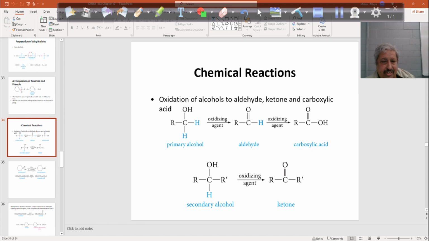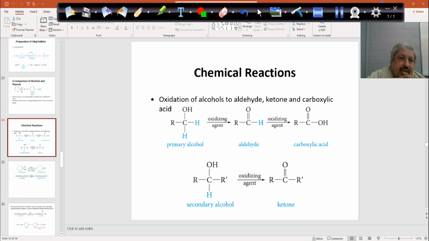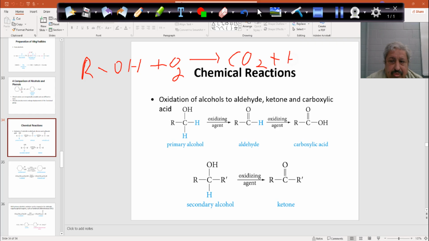Another chemical reaction is oxidation. Well, the oxidation of alcohol, believe it or not, if you add too much oxygen, pure oxygen, you make CO2 plus H2O plus heat. That is called combustion.